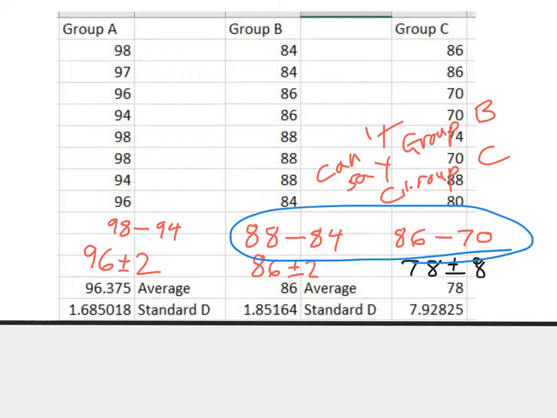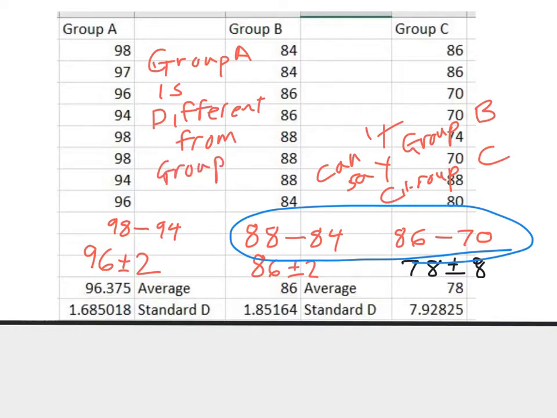We can say, however, that there's no overlap between group A and group C. So group A is significantly different from group B and group C. Now that's a good way of ballparking whether or not two groups are different.